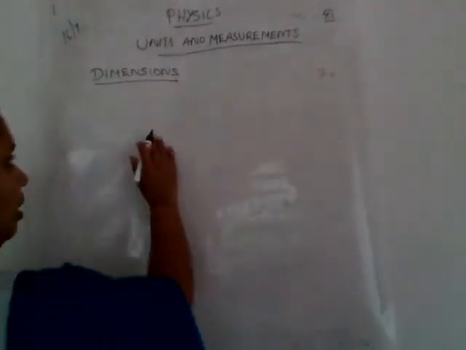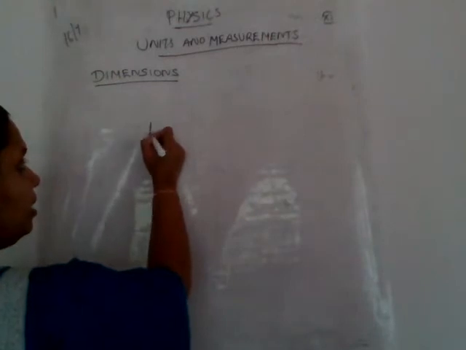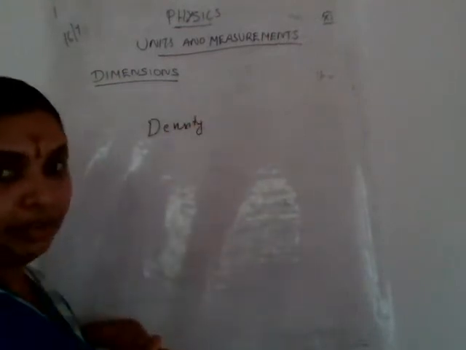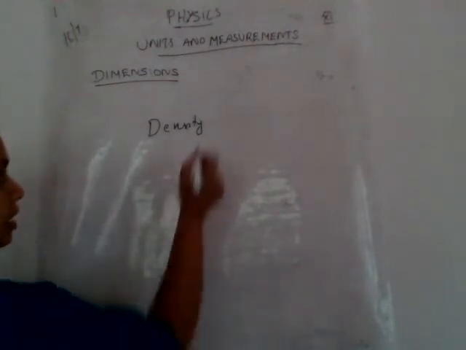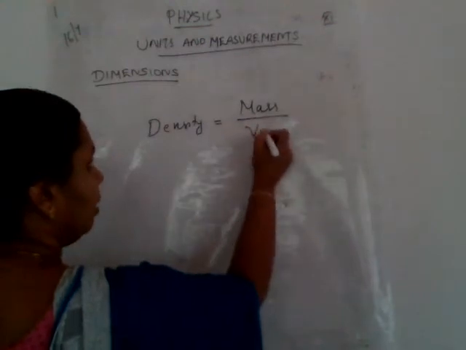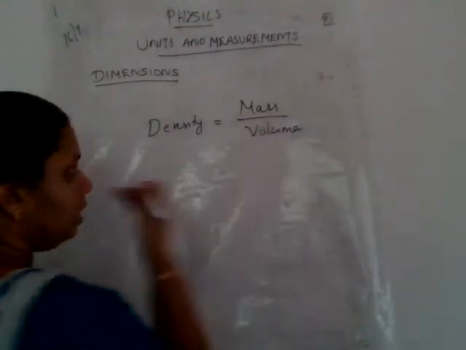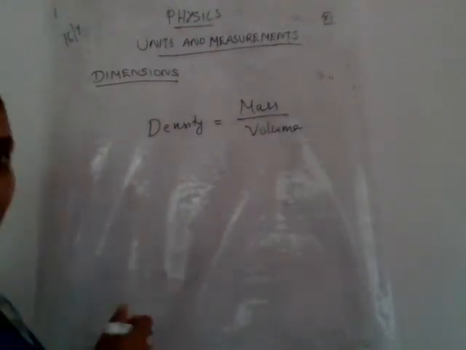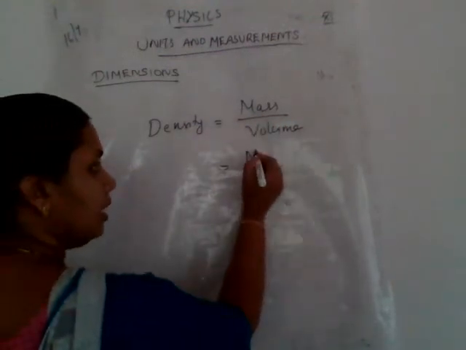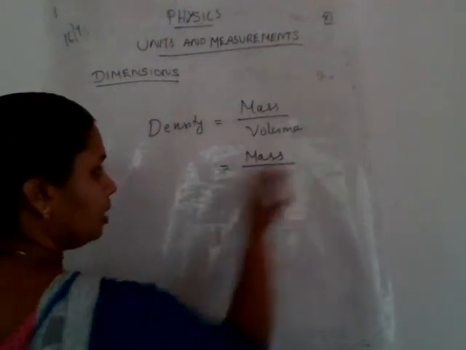A simple one we can take is density. Density is a derived quantity, isn't it? Density is equal to mass by volume. Mass is a fundamental or base quantity.